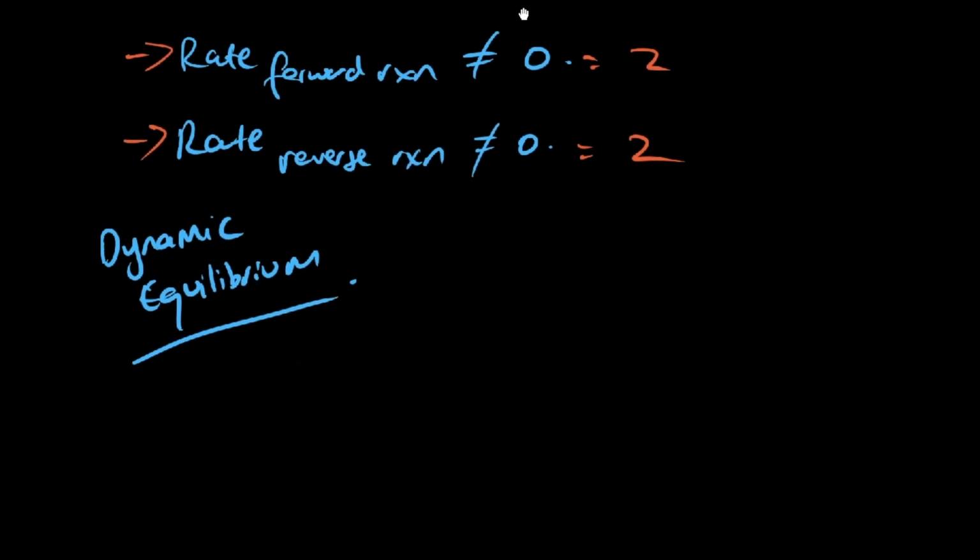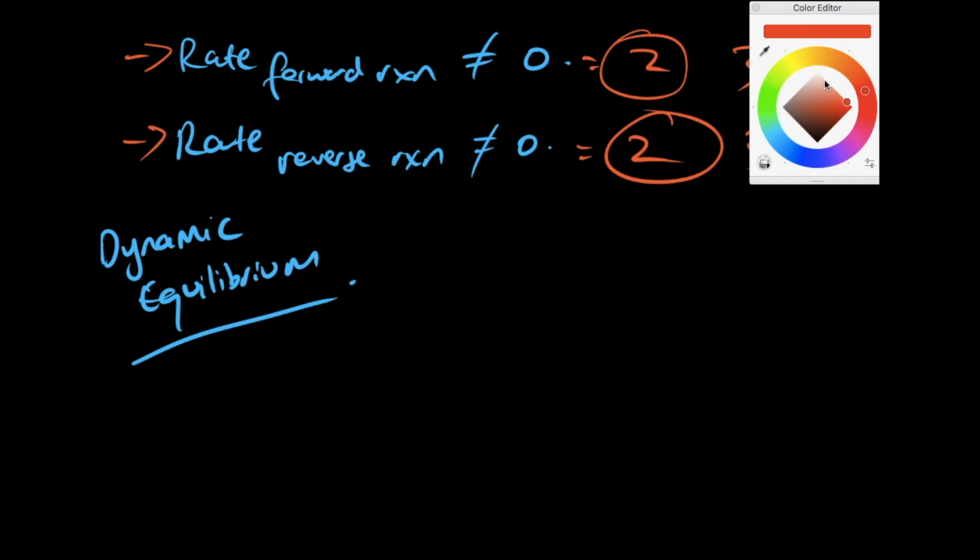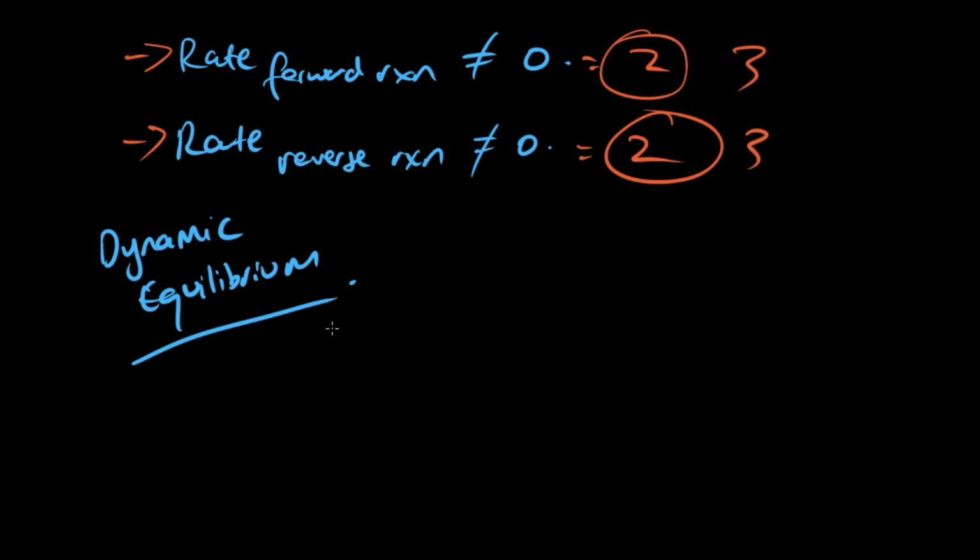So we randomly assign some number to say it's 2, or it could be 3 and 3. When the system has established dynamic equilibrium, the rate of the forward reaction is equal to the rate of the reverse reaction, and the rate of the forward reaction is not 0, and the rate of the reverse reaction is not 0.